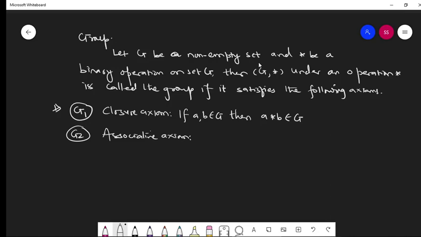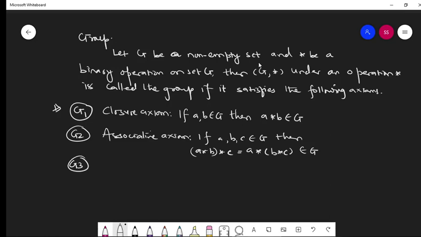In this associative axiom, if A, B, C belong to G, then (A asterisk B) asterisk C equals A asterisk (B asterisk C), which also belongs to G.